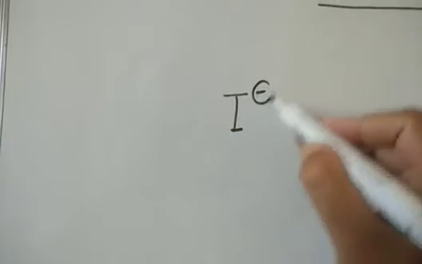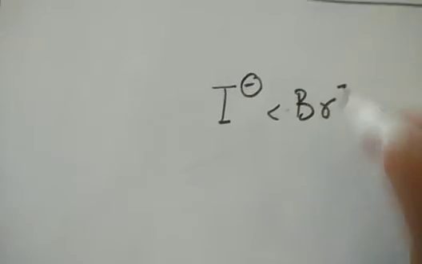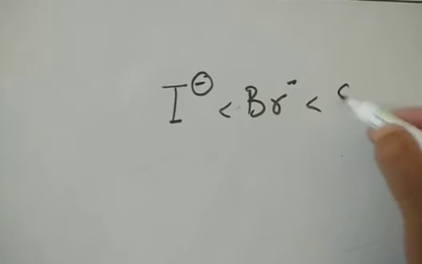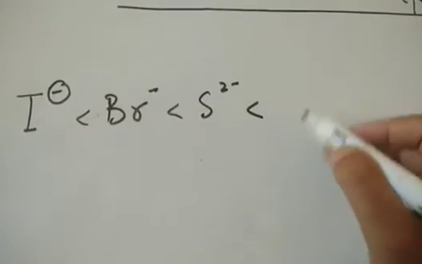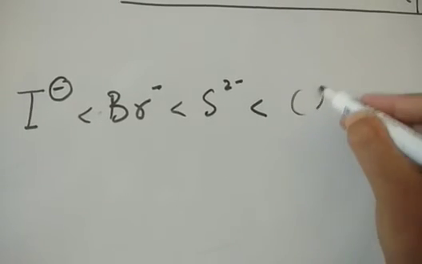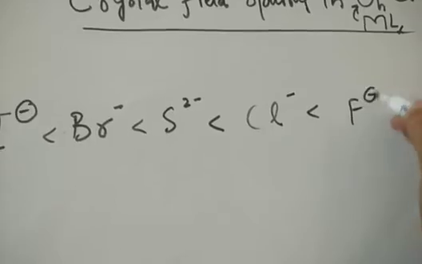We'll arrange the ligands in that order: iodide ligand, bromide ligand, S2 negative ligand. We can take chloride, and fluoride, which are used more in complexes. So this is the halide series, iodide and fluoride. So fluoride is a better ligand than iodide.